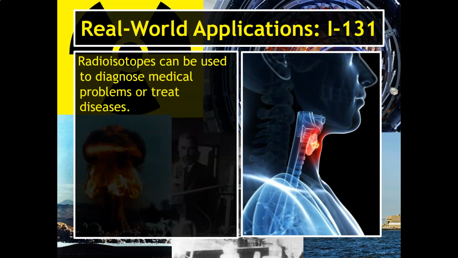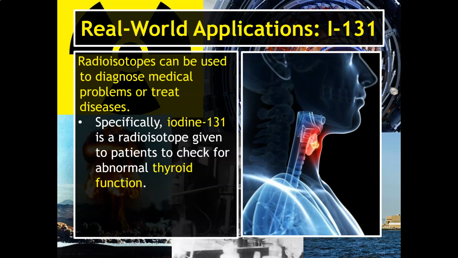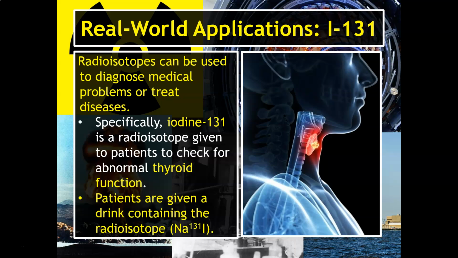Iodine-131 is a very important radioisotope. This is used to diagnose medical problems or treat diseases. Specifically, iodine-131 is a radioisotope given to patients to check for an abnormal thyroid. Patients are given a drink containing sodium iodide, but the iodide is iodine-131.